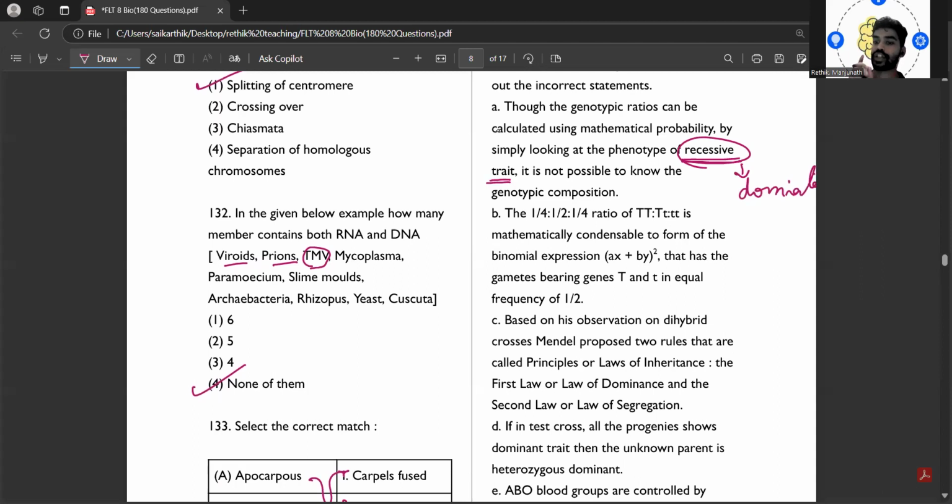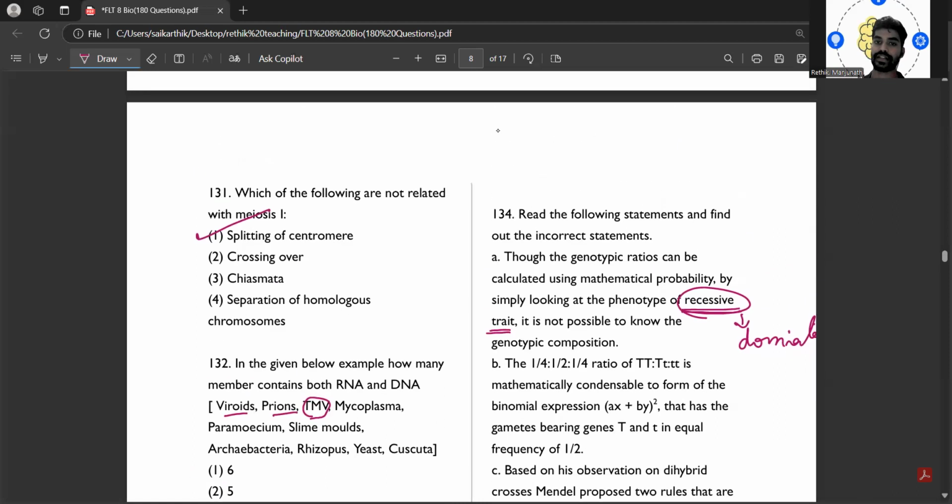Based on this observation, Mendel proposed two rules, called the principles or laws of inheritance: the first law, or law of dominance, and the second law, or law of segregation. If in a test cross all the progeny show the dominant trait in F1, then the unknown parent is homozygous dominant.